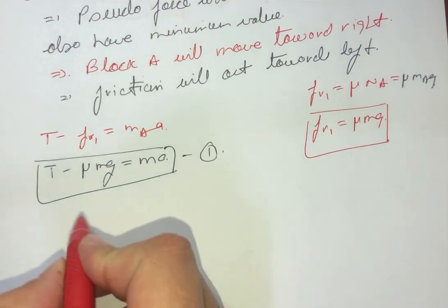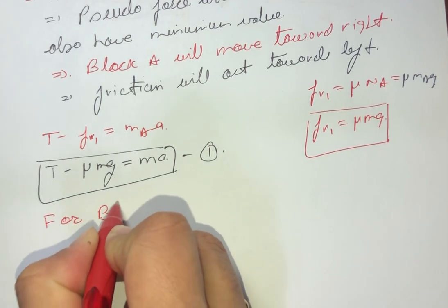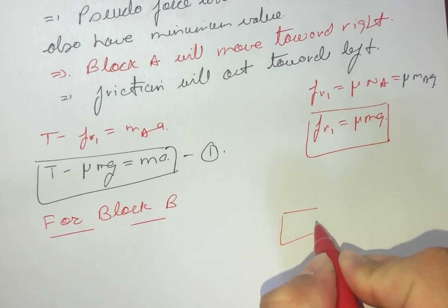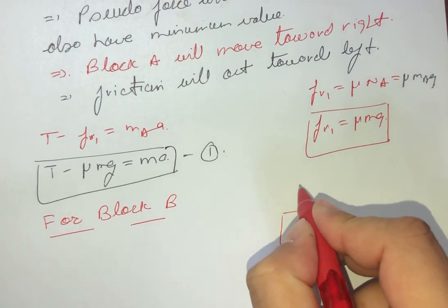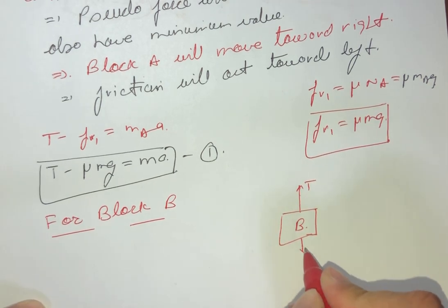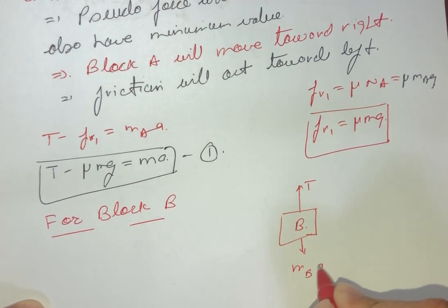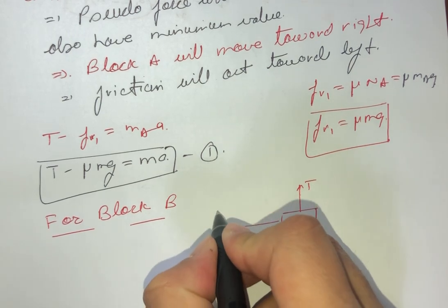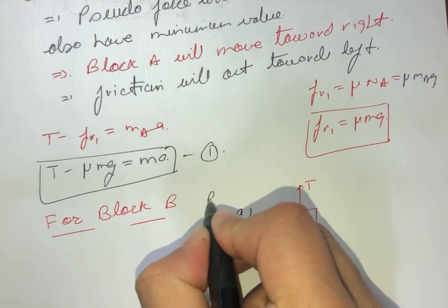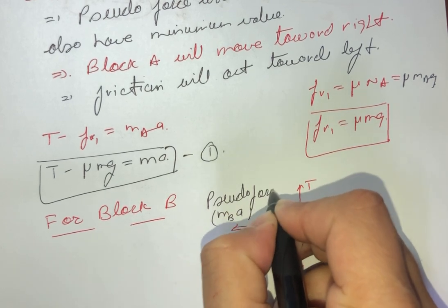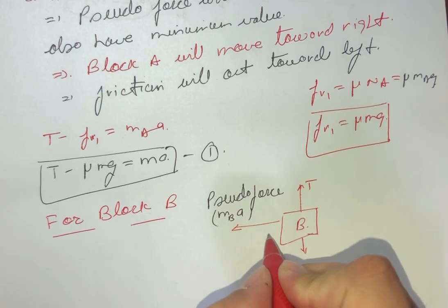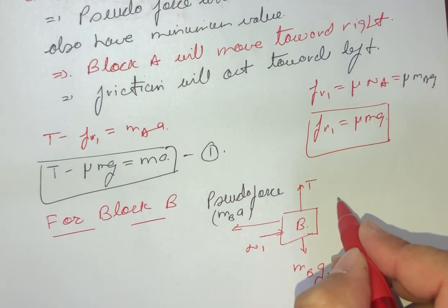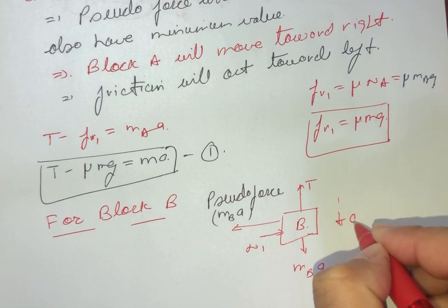Now for block B, we have tension T. In the downward direction we have mBg, and here also there will be a pseudo force whose value will be equal to mBa, and there will be a normal acting on it, and let us suppose that is called N1, and it will be moving in downward direction with the acceleration a.